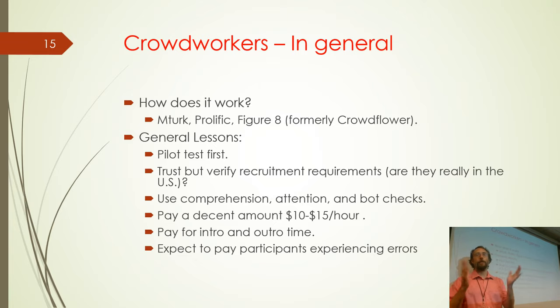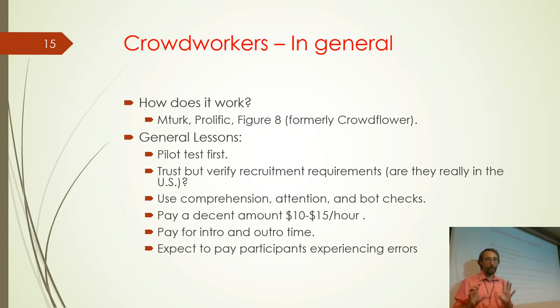But the more technically complex the study, the more likely you are to get messages from people that say, hey, I had a problem, hey, this thing didn't show up, or hey, this happened, I wasn't sure how that was supposed to work. So generally I say reserve around 10% of your budget for handling errors. So if you have 100 people and you're paying them $1 a piece, I would say set aside about $10 to pay people who experience some kind of error.